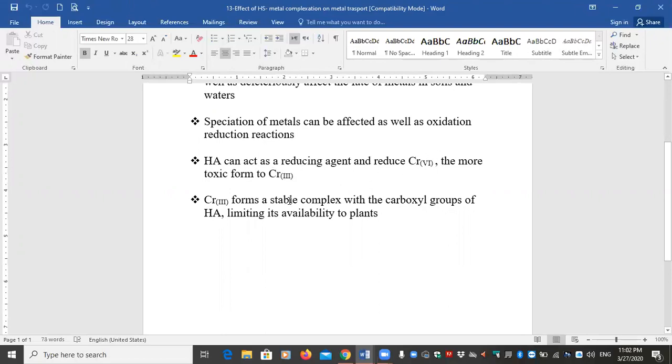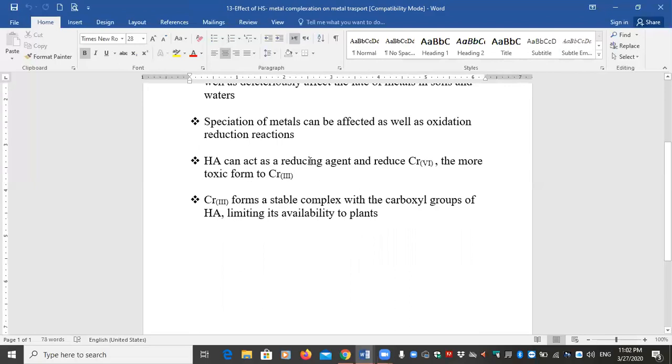Chromium 6 is very toxic and bad. This is the more toxic form, so we don't want that to be in the environment. It changes it to chromium 3. Chromium 3 forms a stable complex with the carboxyl groups of humic acid, limiting its availability to plants.